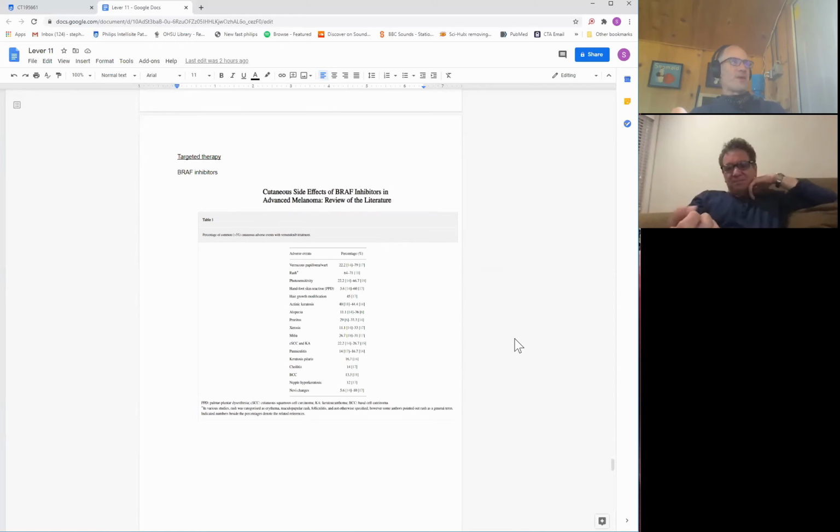And surprise, surprise, there's a wide variety of cutaneous side effects to BRAF inhibitors.